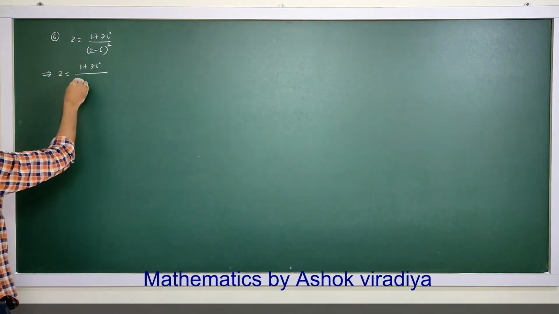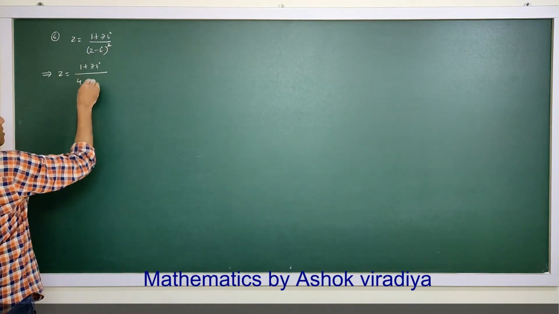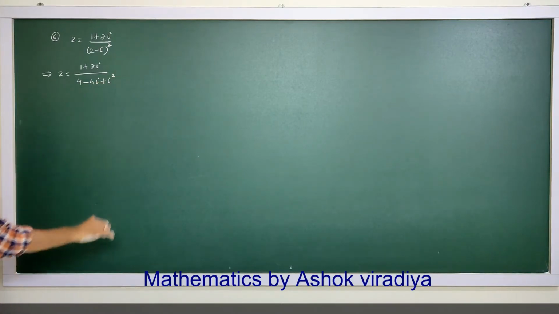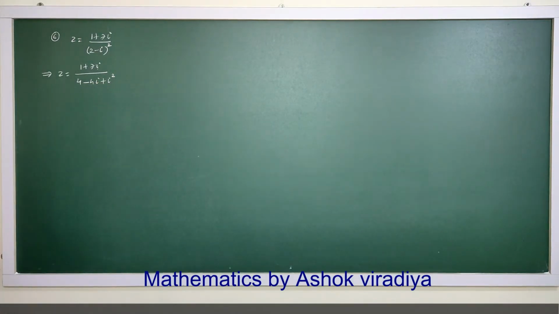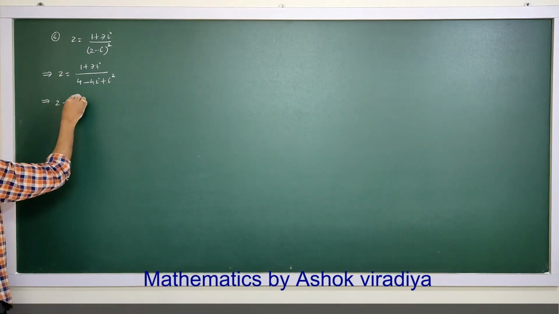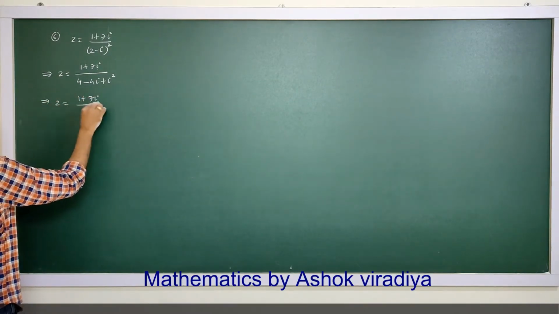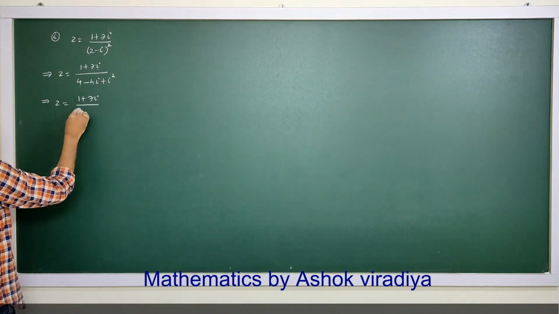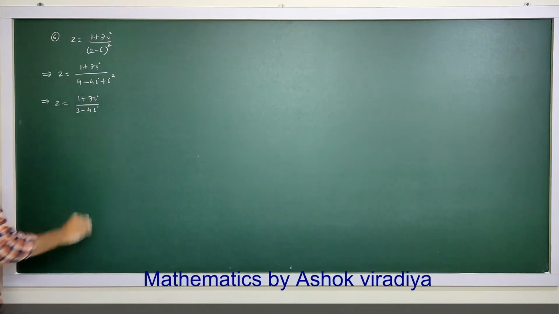Its expansion is 4 minus 4i plus i square. So z equal to (1 plus 7i) upon, this is 4 minus 1, this is 3 minus 4i.